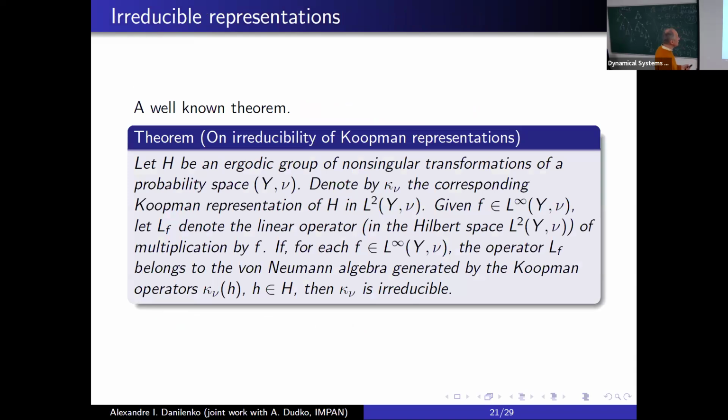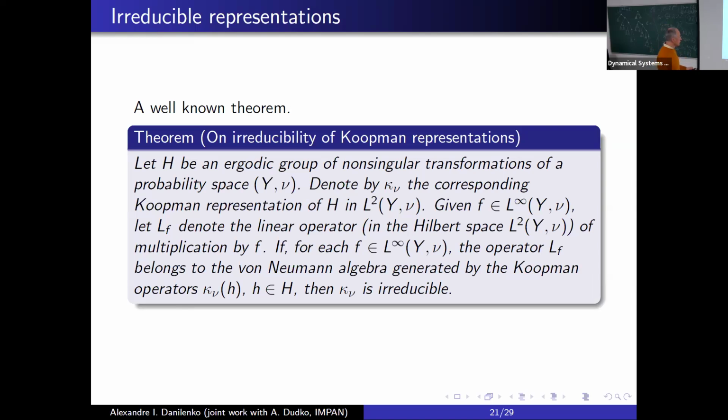Now, irreducibility of Koopman representations. Suppose we have an ergodic group H of non-singular transformations on a probability space, and denote by kappa nu the corresponding Koopman representation of H. Denote by L f, for every bounded function f on Y, the linear operator of multiplication by f.